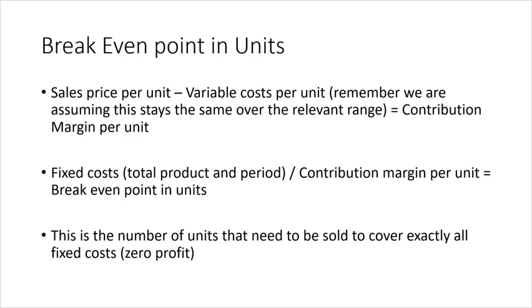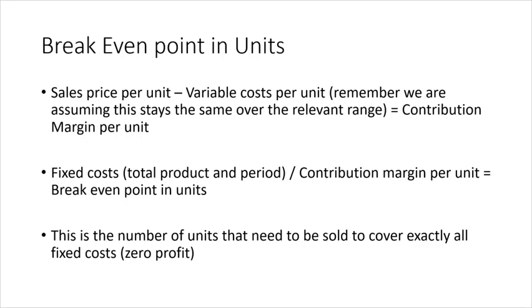Might be direct materials, direct labor, variable overhead. But what we're looking at is the difference between the sales price and the variable cost, all of them on a per unit basis. So for 1 unit, how much labor does it use, how much variable overhead, how much direct materials, that's your contribution margin per unit.